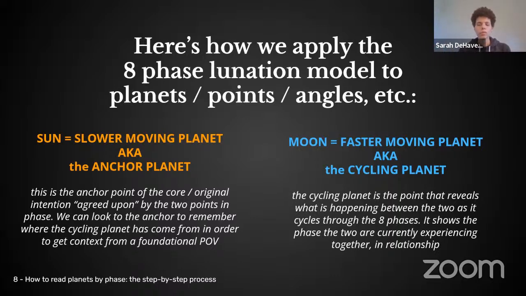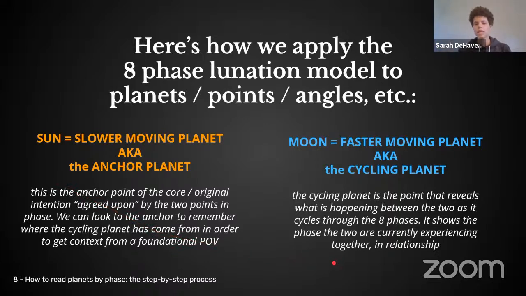You do a little bit of investigation backwards and just think about the position of Mercury, which will give you insight into the intention agreed upon between the two planets, right? So let's just say Mercury is in Virgo, right? Then there's going to be a core intention that has to do with Virgoan themes. We'll look at more examples to get deeper into this, of course, but I just wanted to explain that.